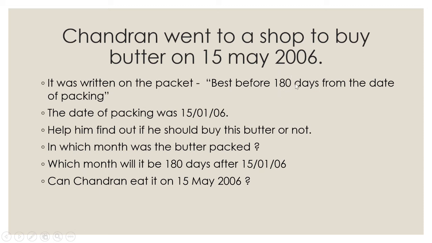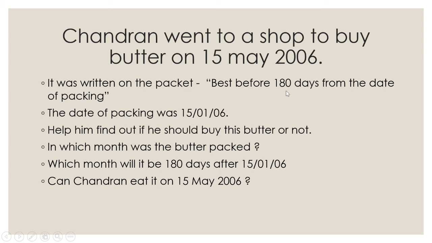So if one month has 30 days, how many months will have 180 days? So you have to divide 180 by 30, or you can speak the table of 30 till 180. Now you will say, I don't know the table of 30, but you know the table of 3. You have to just put a 0 at the back.